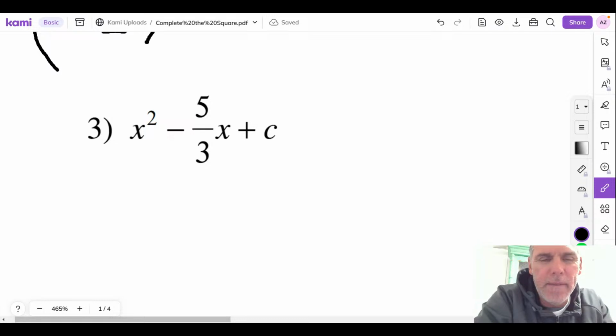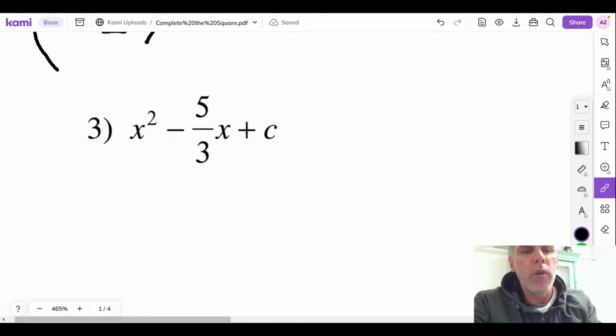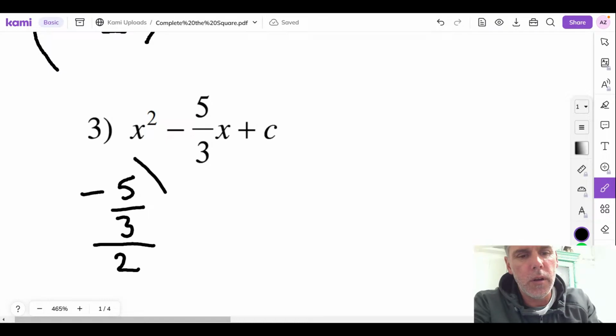Okay, so you've had a moment to look and a moment to think. What we have to do is take that middle term, negative 5 thirds, divide that by 2, and square it.